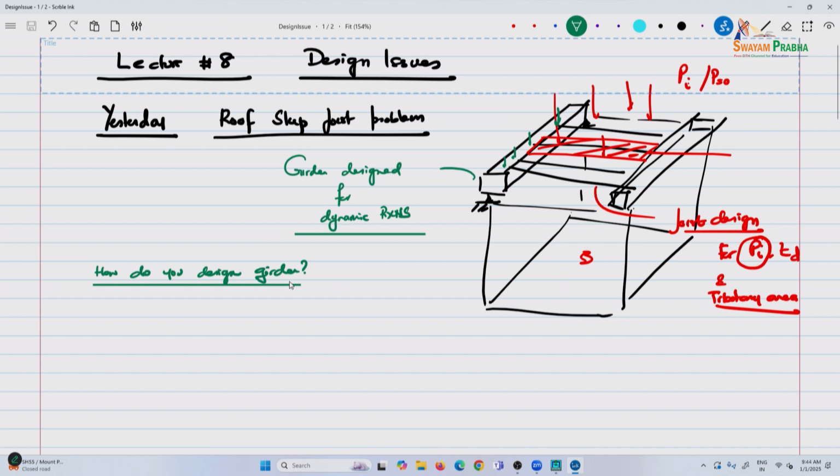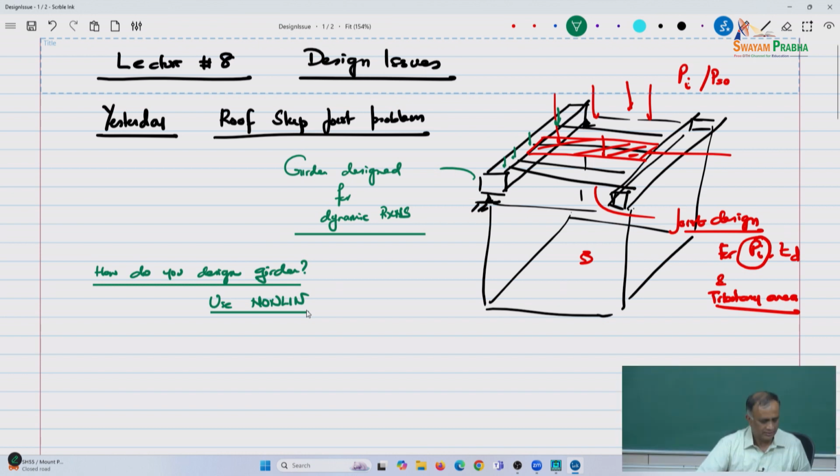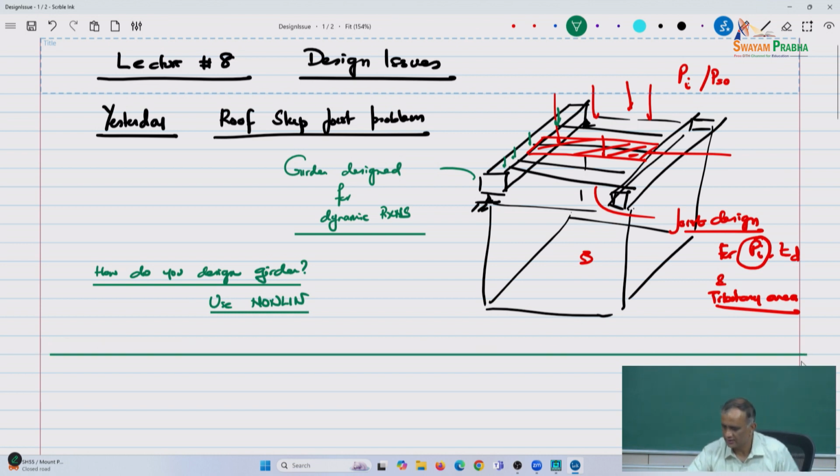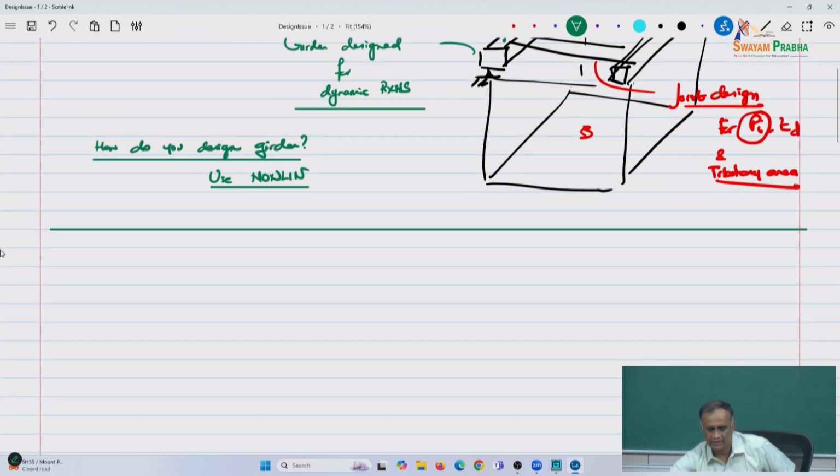Again, our limitation here is using nonlinear. There could be more sophisticated programs, and even in nonlinear, I think there is a way you can input the reactions as a function of time. But so here is what I did from the skip joist problem, or just simply call it the joist problem or the beam problem.